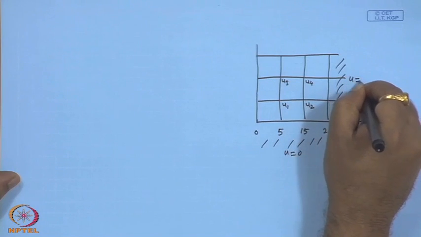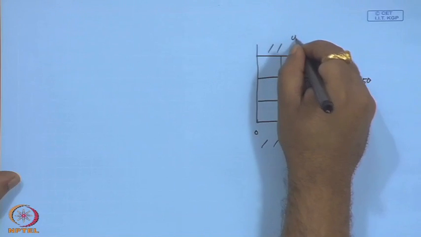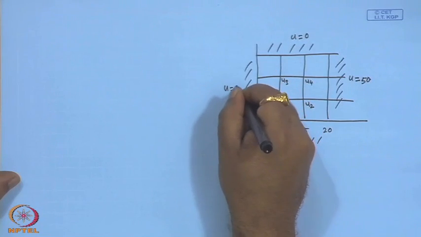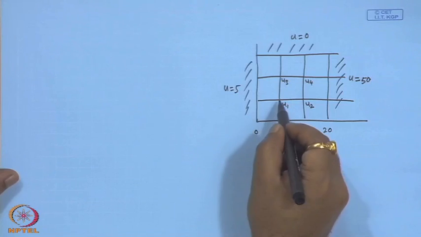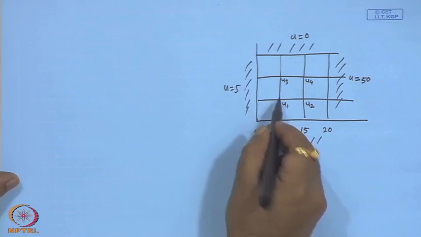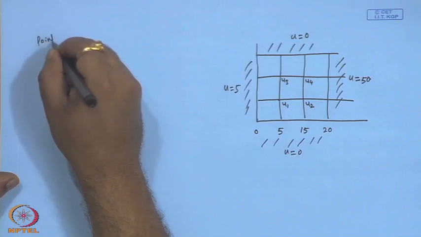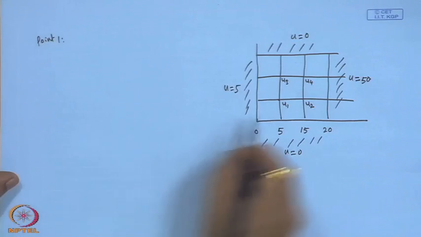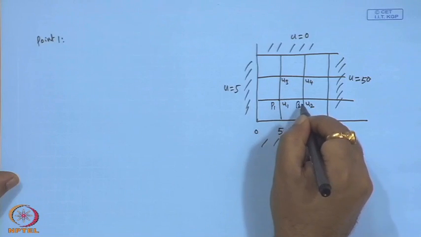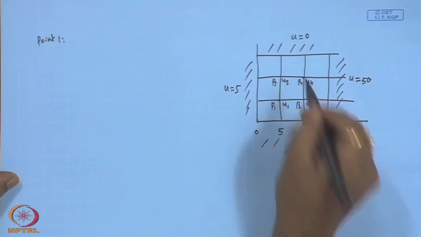So, here u equals to 50 and here u equals to 0 and here u equals to 5. So, now the given equation we run at u 1. So, this is point 1, P 1, P 2, P 3, P 4.